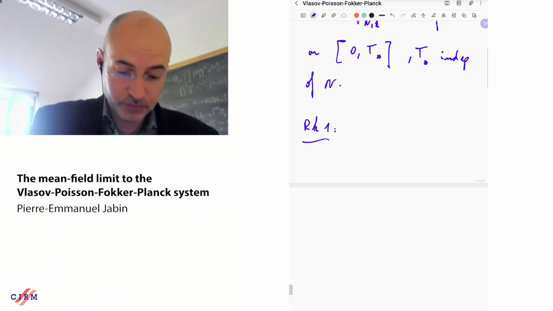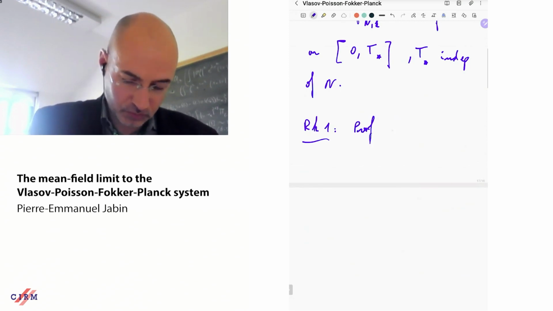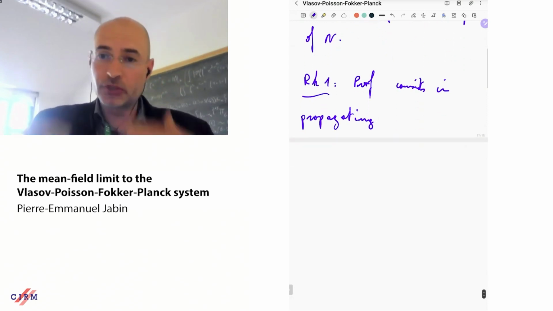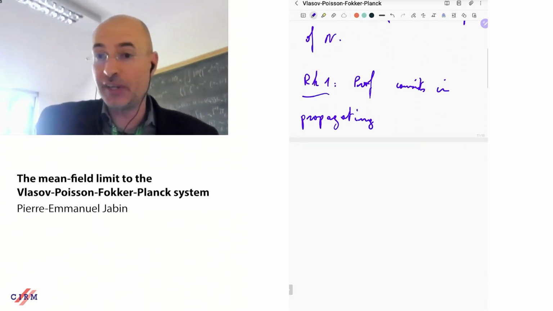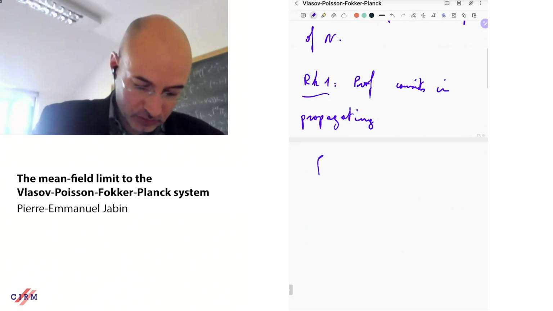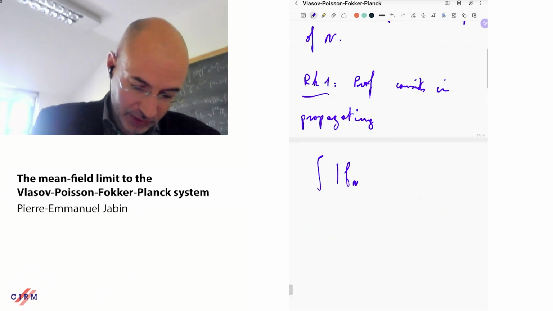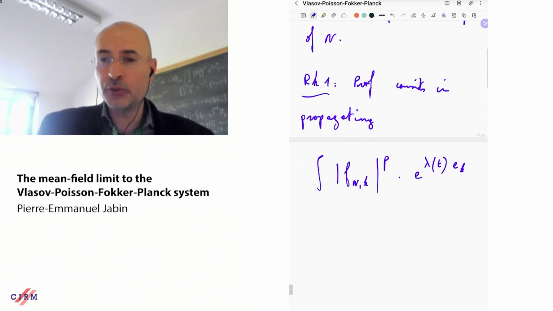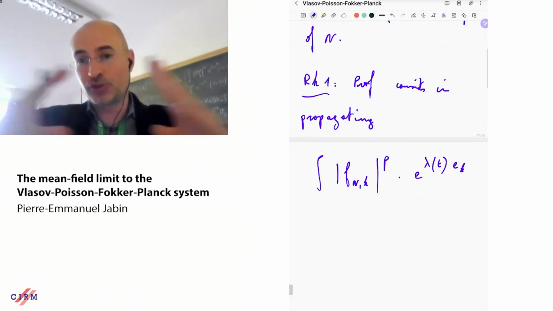The proof consists in propagating, well, L^p bounds, but weighted L^p bounds so that they incorporate this decay in velocity that I need. And so it's something like that, f_n^k to the power p times exponential, and now here I need a lambda t, right, of v_k. Why do I need a lambda t? Because diffusion is going to spread things, right?